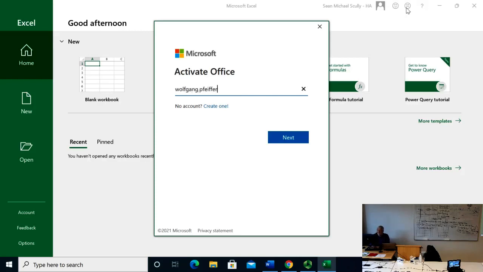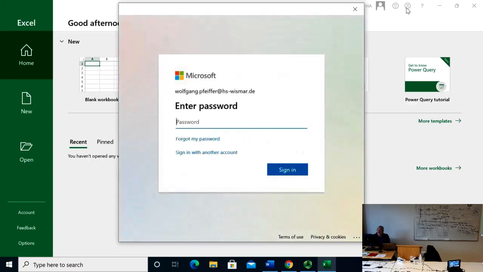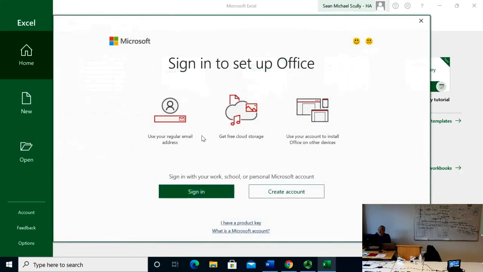Just give me a second. No, unfortunately, I can't start here because I can't sign in, so I can't really open anything.